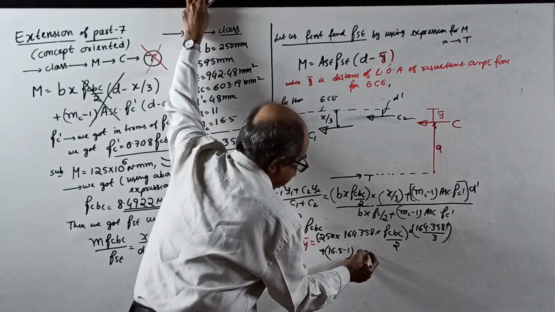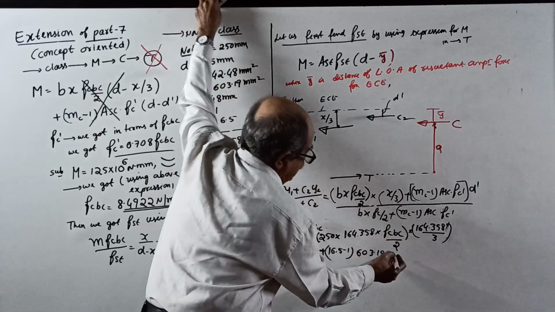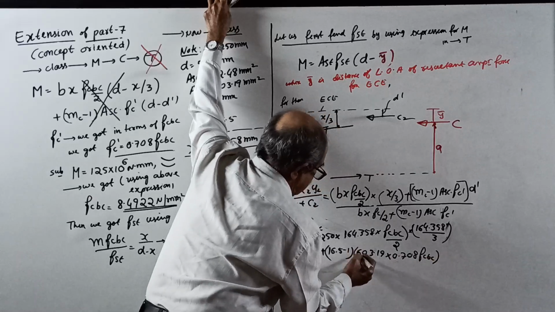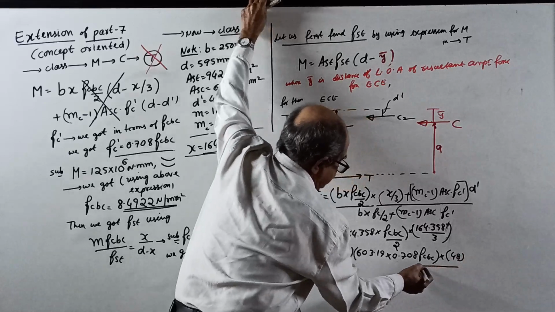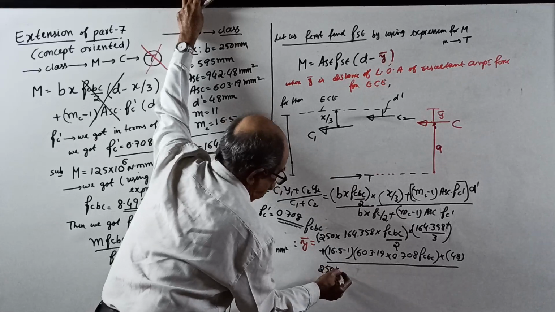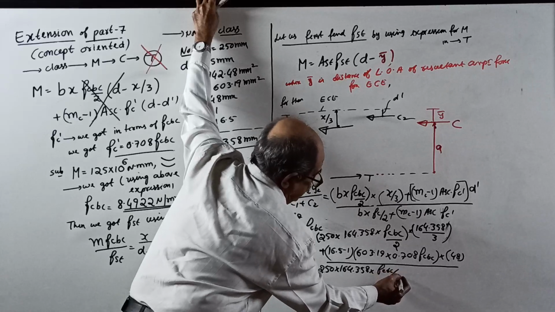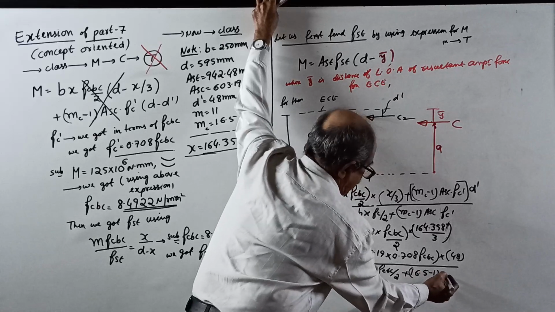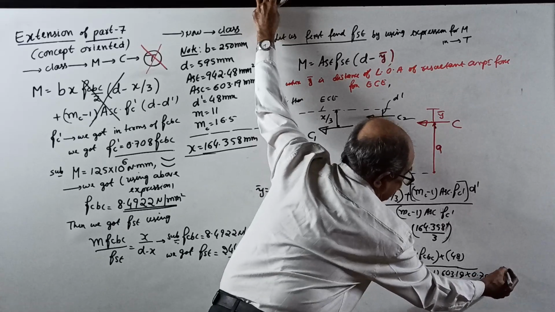Where is asc? 603.19 into fc dash, which is 0.708 fcbc, use a bracket, into d dash 48, divided by 250 into 164.358 into fcbc by 2 plus 16.5 minus 1 into asc, 603.19 into 0.708 fcbc.